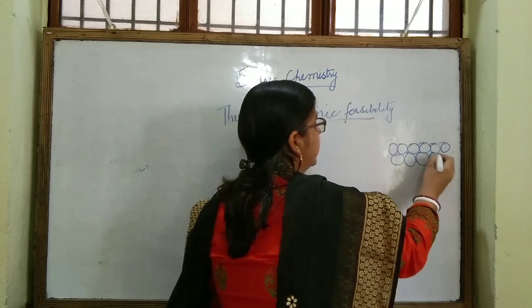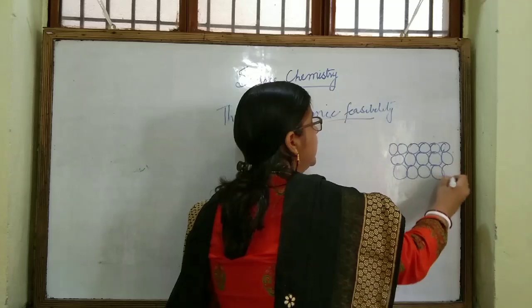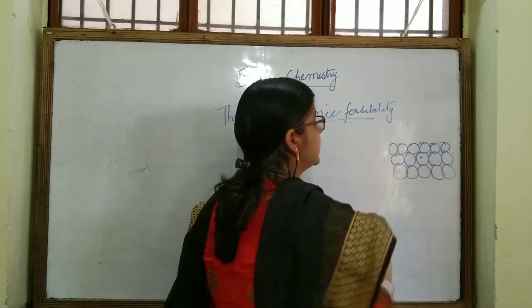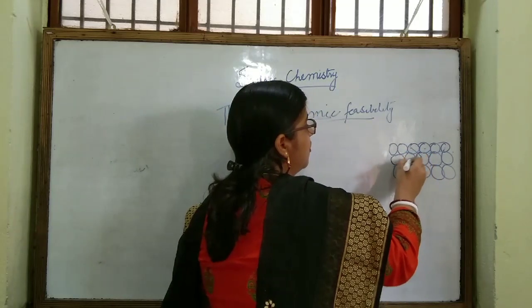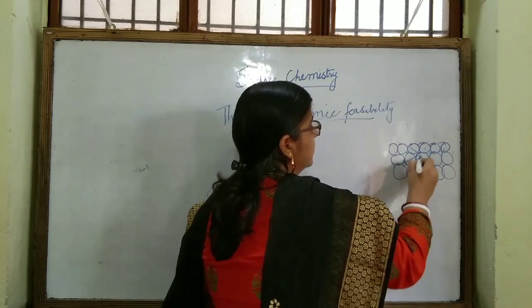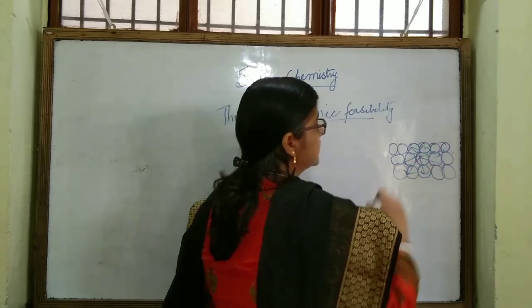You see, I have taken this. In this, a species which is present in the bulk is being attracted from all the sides. So, the net attraction force is 0.